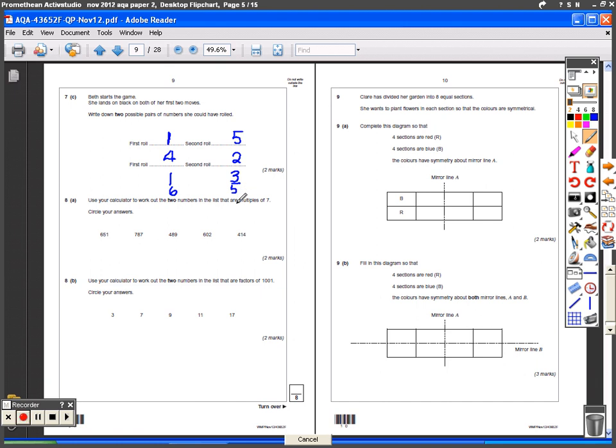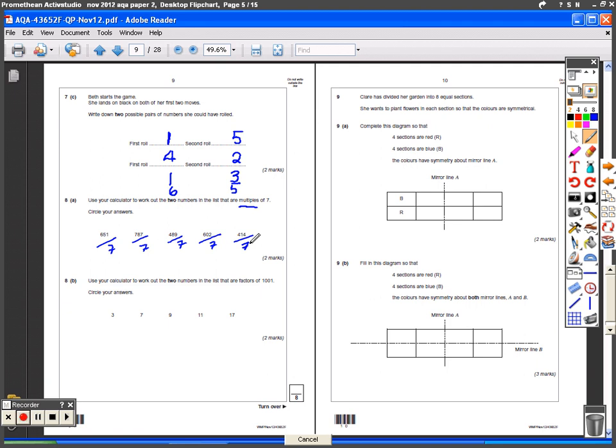Okay, question 8. Use your calculator to work out the 2 numbers in the list that are multiples of 7. A multiple has to be in the times table of this number 7, with no remainder. So therefore, what we need to do is divide all of these numbers on your calculator by 7 and find out which ones are the whole number.